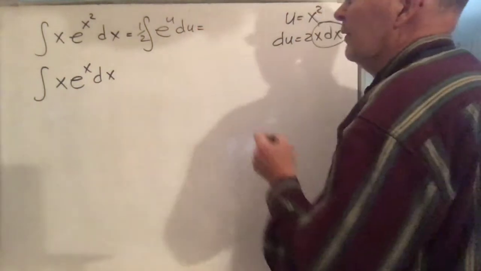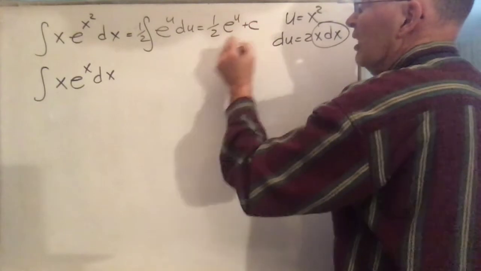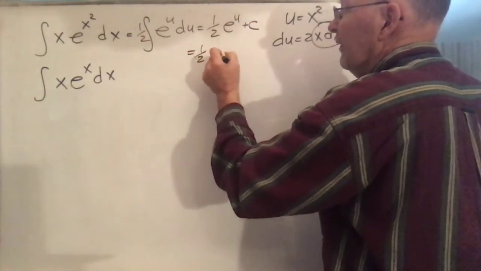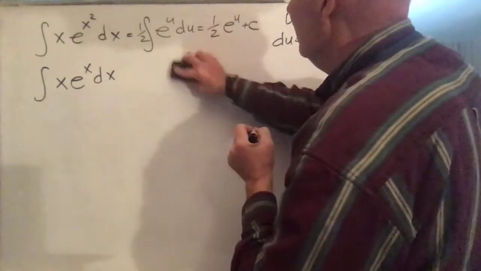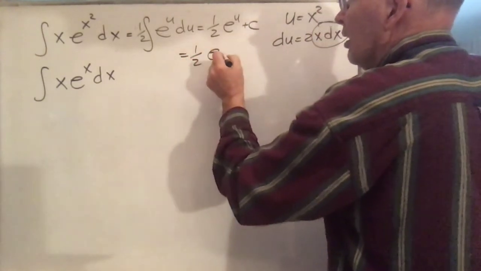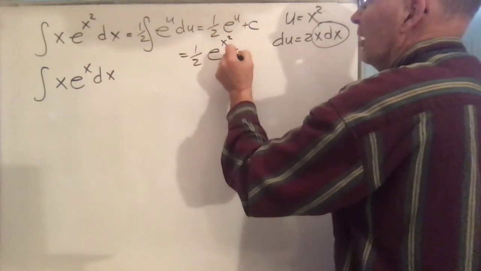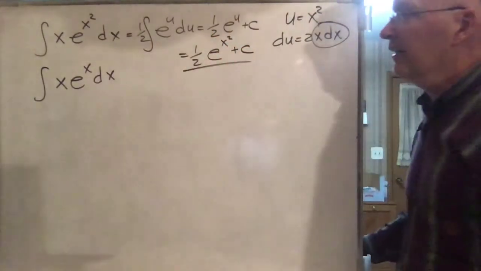And the antiderivative of e to the u, of course, is just e to the u. And so that's going to be 1/2 e to the x squared plus c. See how that goes?